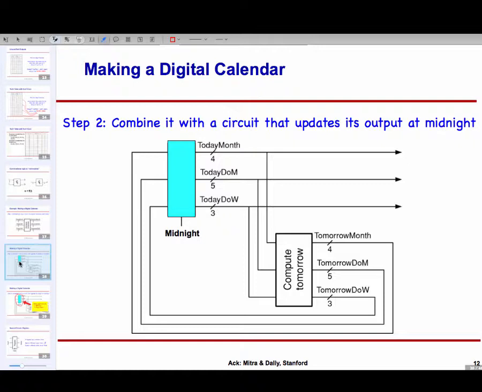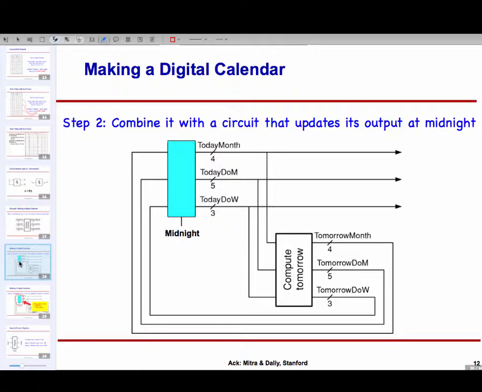Whereas this circuit, compute tomorrow, is combinational logic. Whatever the input is, it always shows me the next day on the output. If I change the input, the output will change almost immediately, barring some natural delays in the physical circuit. So I take the output of the special circuit and feed it into compute tomorrow, and I take the output of compute tomorrow and feed it to the input of the special circuit.